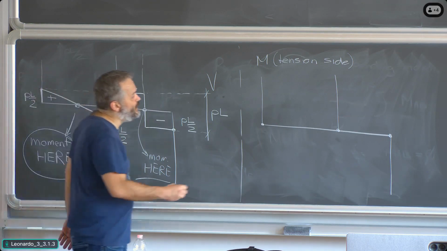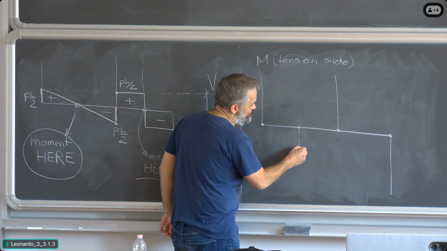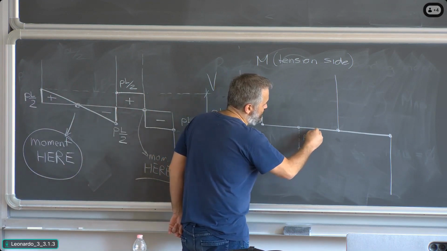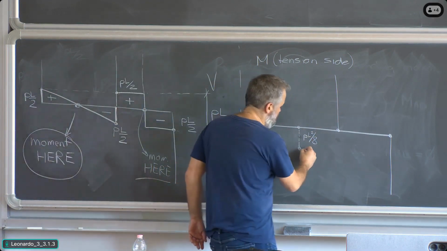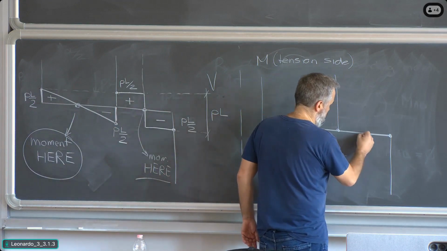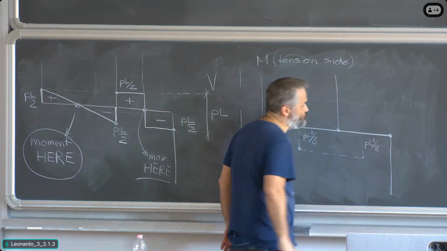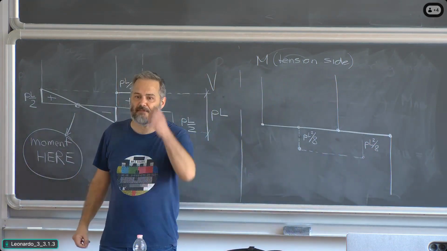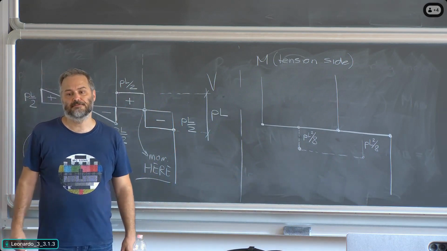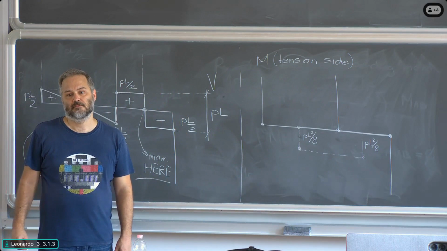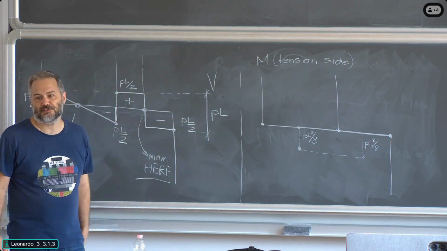Then, what values do we have? We have the value at midspan. How much is it? PL squared divided by 8, first span. Then PL squared divided by 8, second span. So, the two beams have the same value of maximum bending moment. What do the diagrams look like? First one is parabolic, which means I have to draw a parabola which passes through these 3 points.